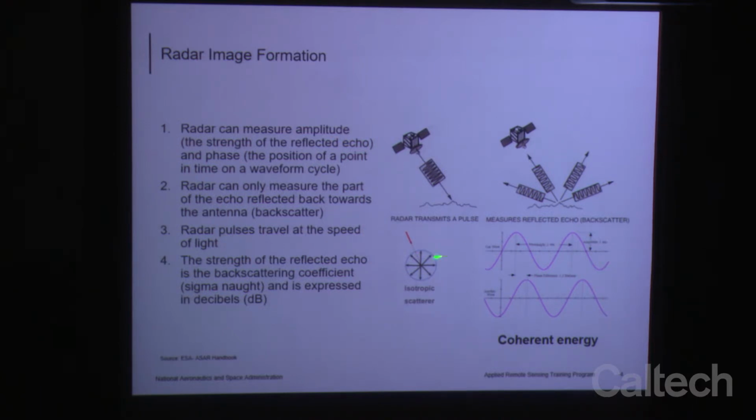And we can use that information in phase to get a lot more information out of the scene. That's the case with interferometric SARs, and I'll show a couple examples of that. It also leads to some interesting features in the radar scattering statistics.